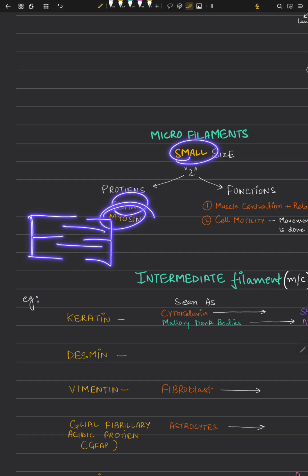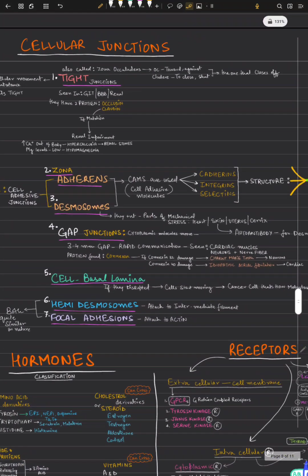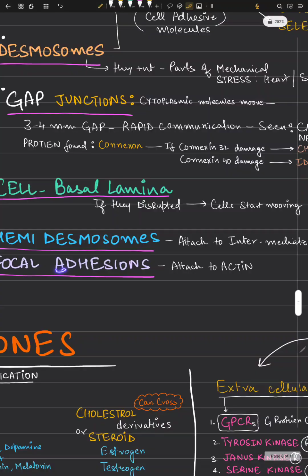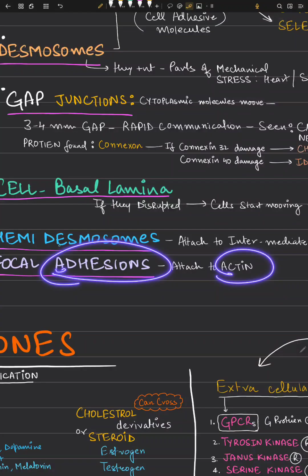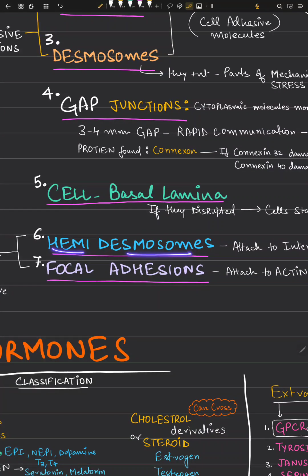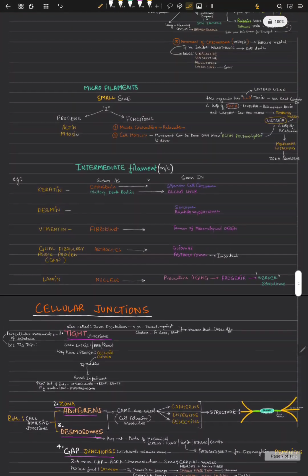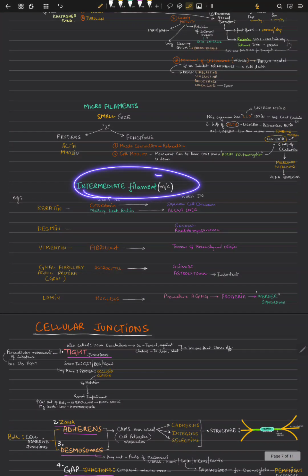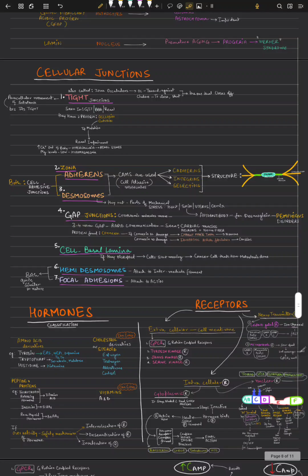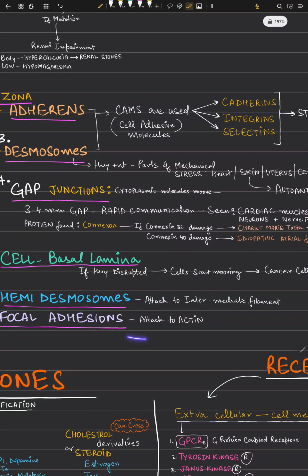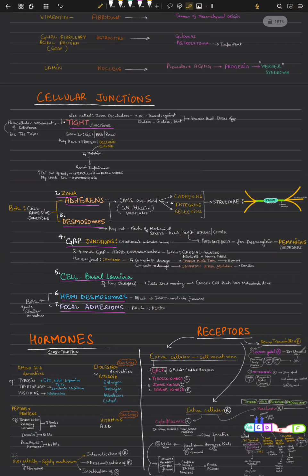Like this, if you remember this. Okay, so focal adhesions have actins, and hemidesmosomes are attached to intermediate filaments. Where were they? Oh, remember this? Cool. Okay, so that's the only difference between these two. So now we know cellular junction.